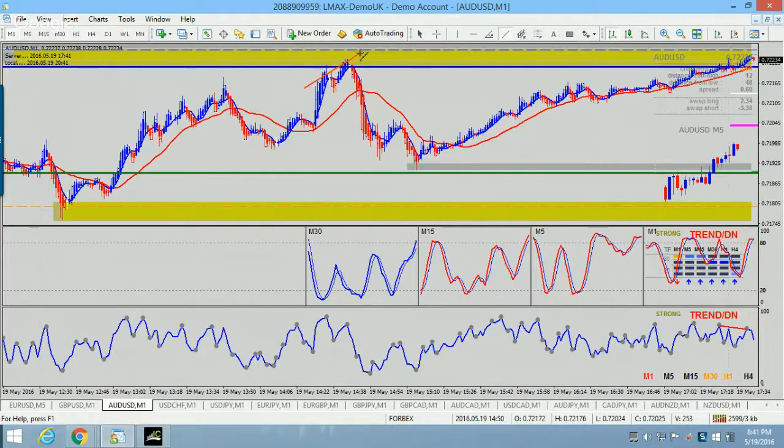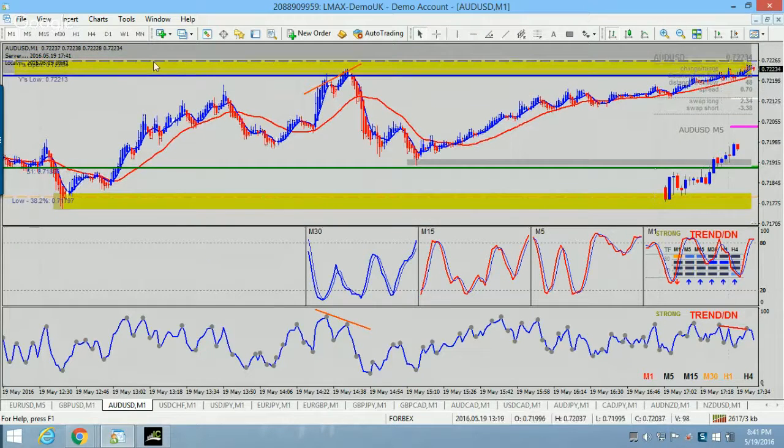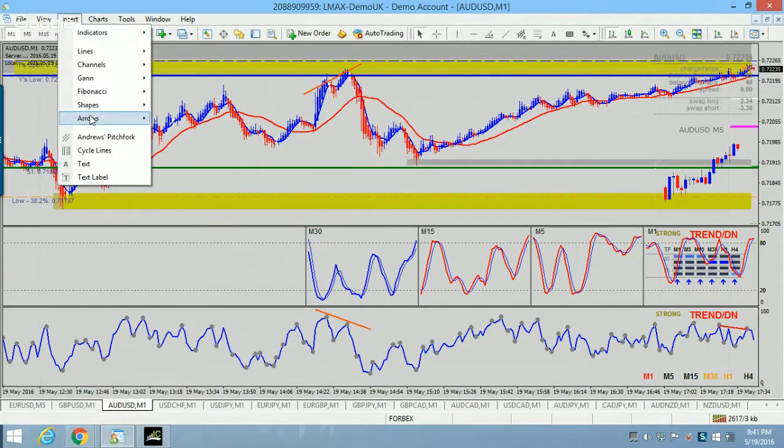So the price moved in the supply area. Yes, the price moves making higher highs, and at that level, if you look at our indicator, we had a divergency.